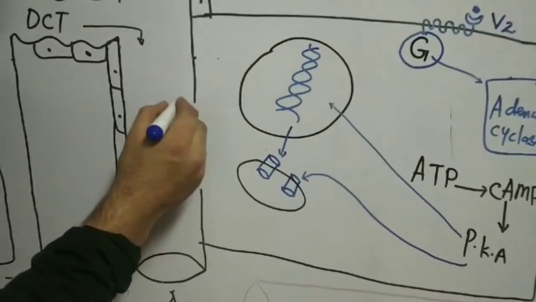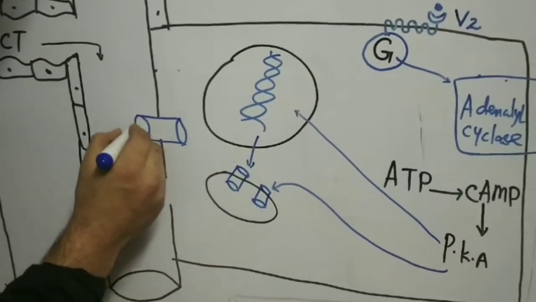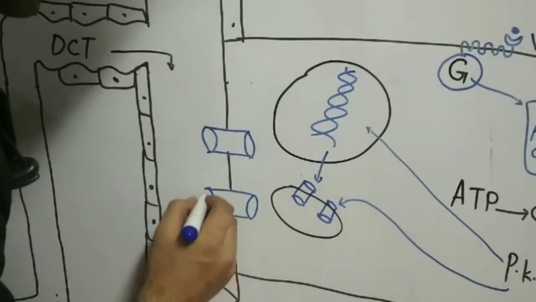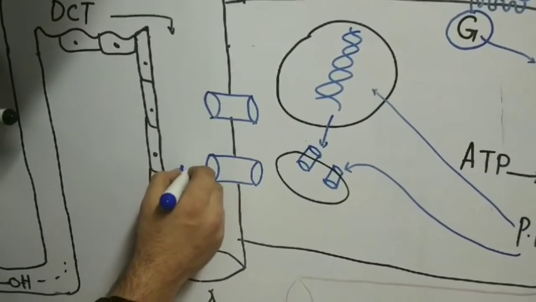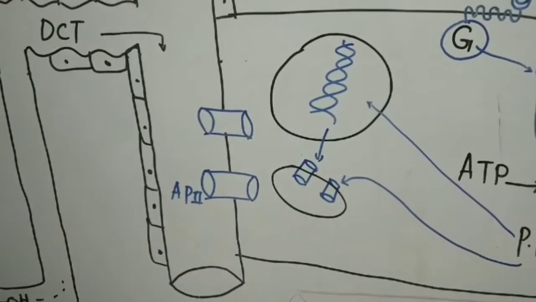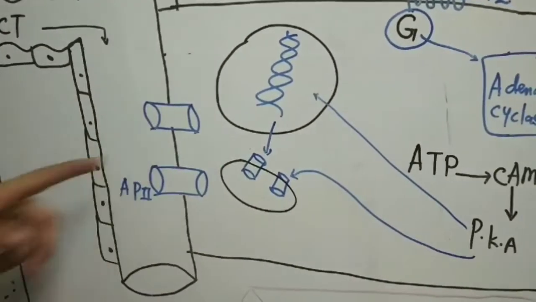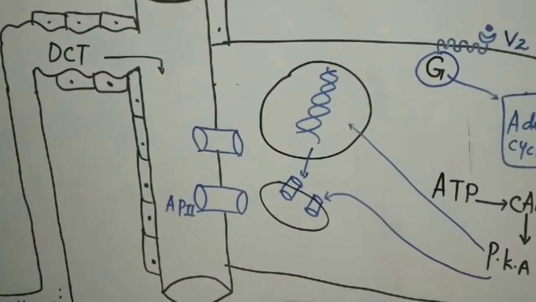This is your luminal membrane. They will be implanted here. These are aquaporin 2. The aquaporin 2 channels are implanted into the luminal membrane of the collecting duct and the distal convoluted tubule.